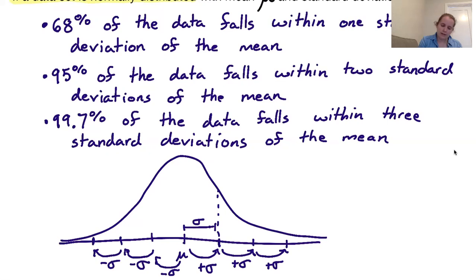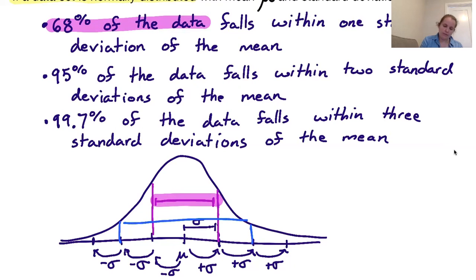Then what they're saying is 68% of the data falls from here to here, between one hop down and one hop up. So this stretch here is 68% of the data. Then going two hops down from the mean and two hops up from the mean is 95% of the data.